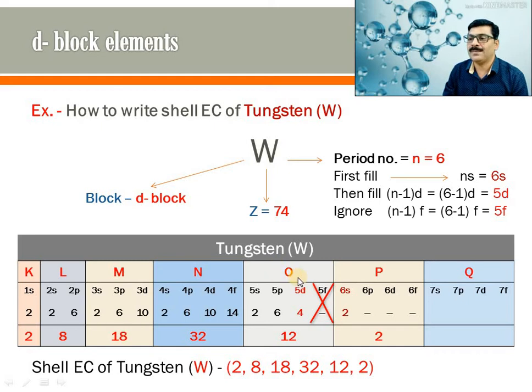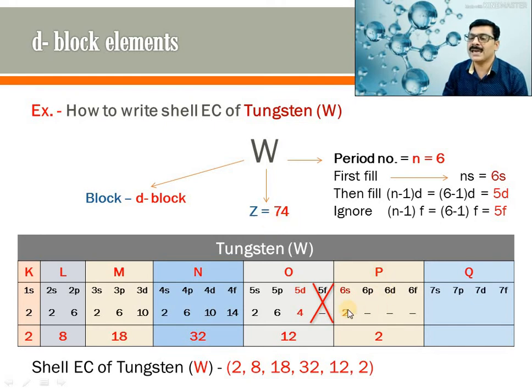Then O shell, 5s, 5p, 5d and 5f, and here you have to ignore the 5f orbital. And then the next shell is P shell. P shell contains 6s, 6p, 6d and 6f. So it has again 32 electron capacity, but the atomic number of tungsten is 74.